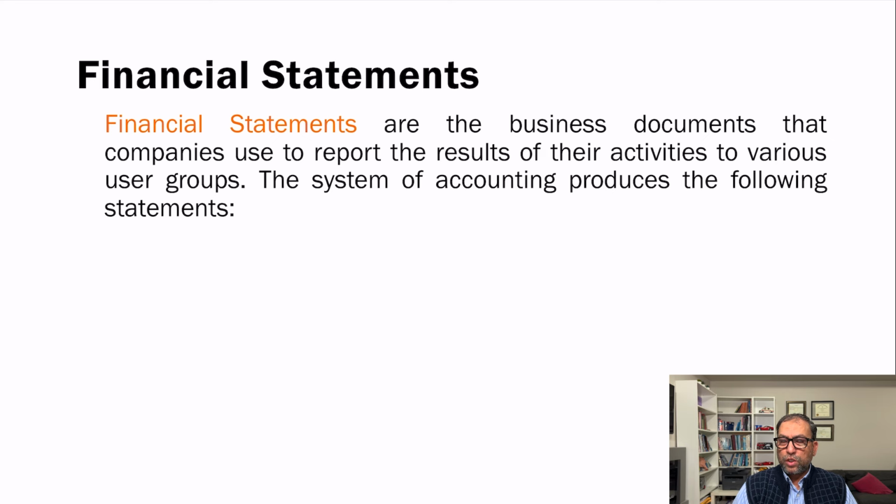This is the whole process, and at the end we want to produce these four financial statements. The objective is that those who are interested to know about the health of an organization or a firm can use these four statements to understand the financial position or financial health of the business.